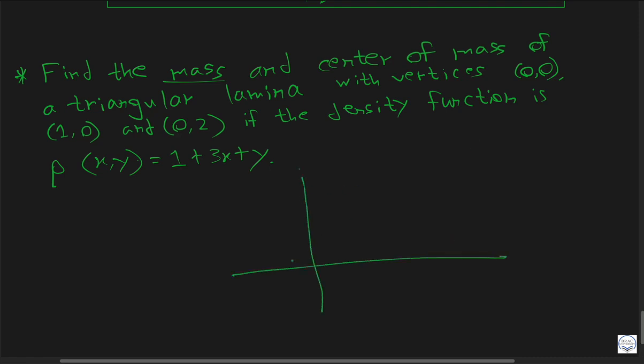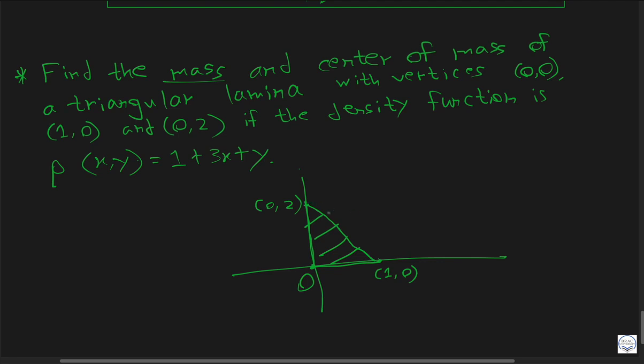We have one vertex at the origin, (0,0), another at (1,0), which is here, and this one is at (0,2). Now we connect them to form our triangular lamina. This is our triangular lamina.